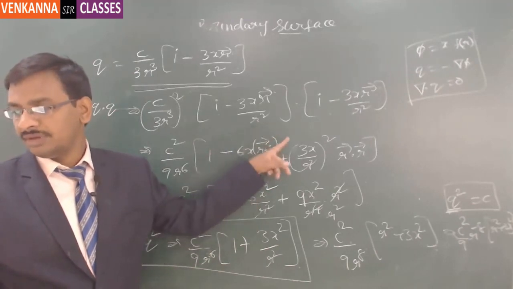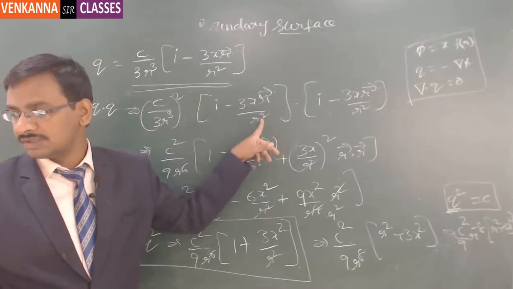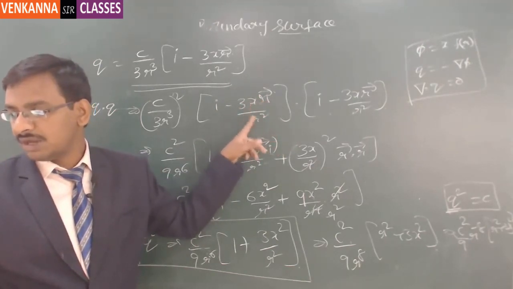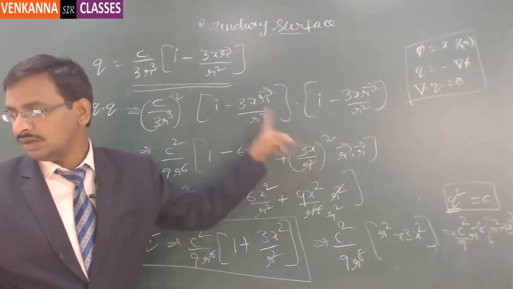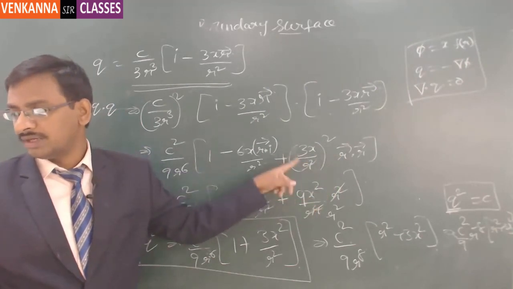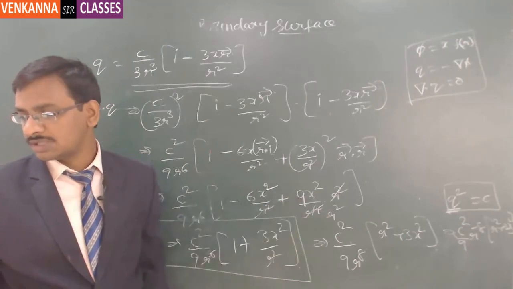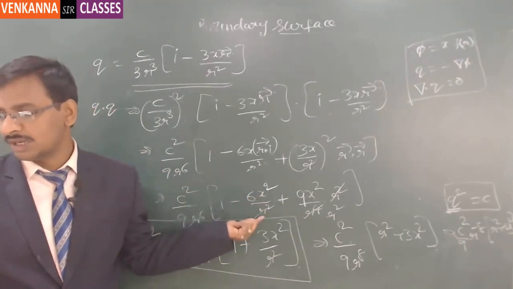And then here b square. b square is nothing but the square of this, with r bar dot r bar. So 3x by r square whole square into r bar dot r bar. r bar dot r bar is r square, and this is r power 4. I'll cancel one r square. Then 9x square by r square is left over. Then here also minus 6x square by r square.